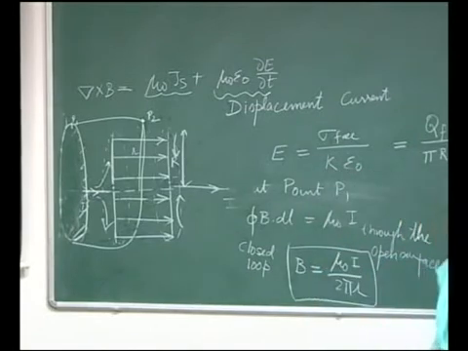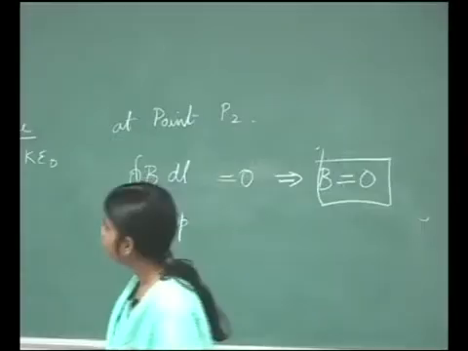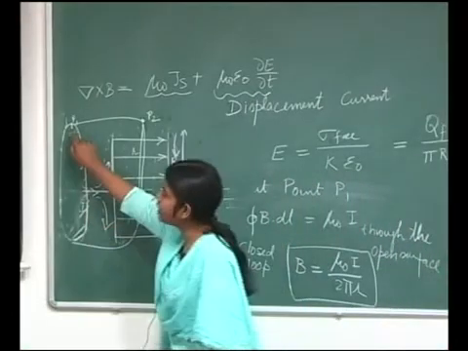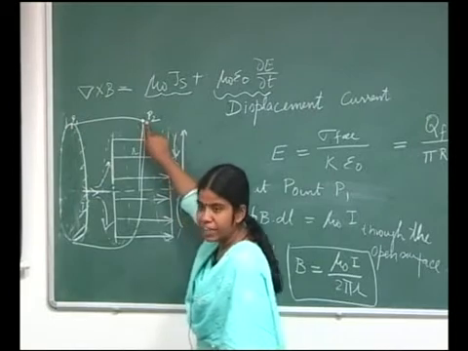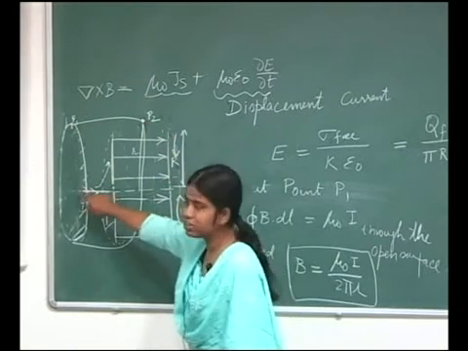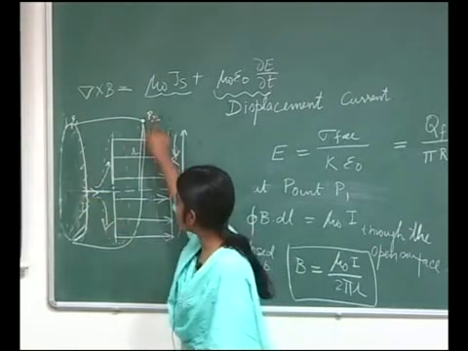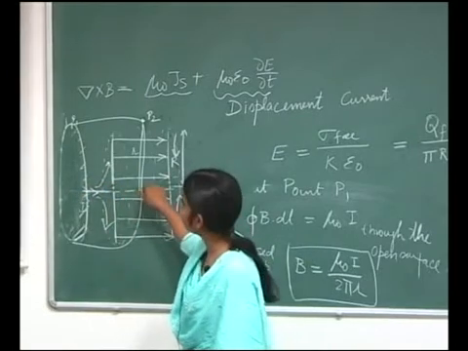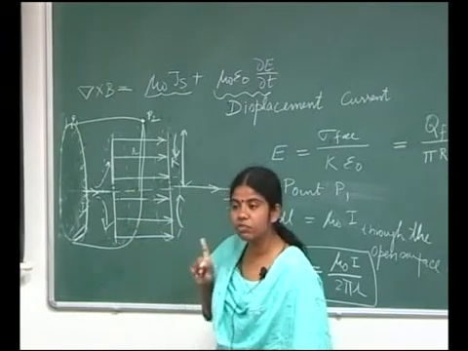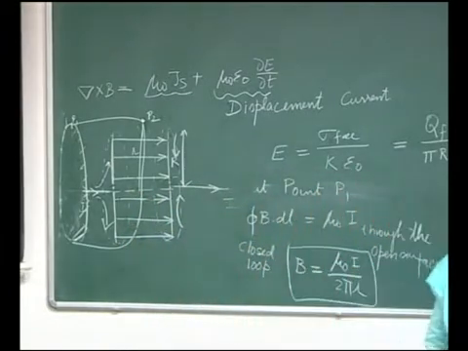So, Maxwell zeroed in and he said, whether you calculate the magnetic field at point P1 or at point P2, if they are at the same distance from the central axis of the surface, the value of the magnetic field would be the same. Is it clear?